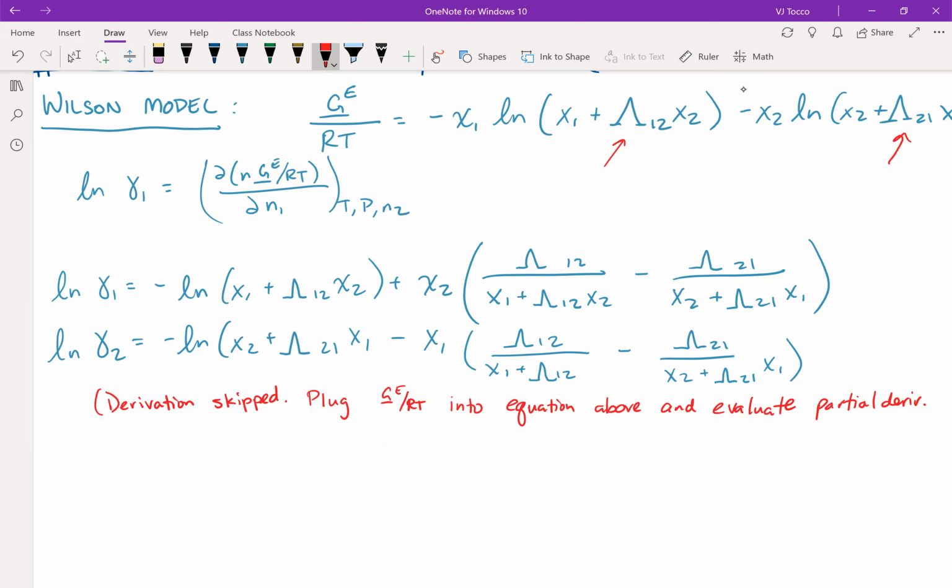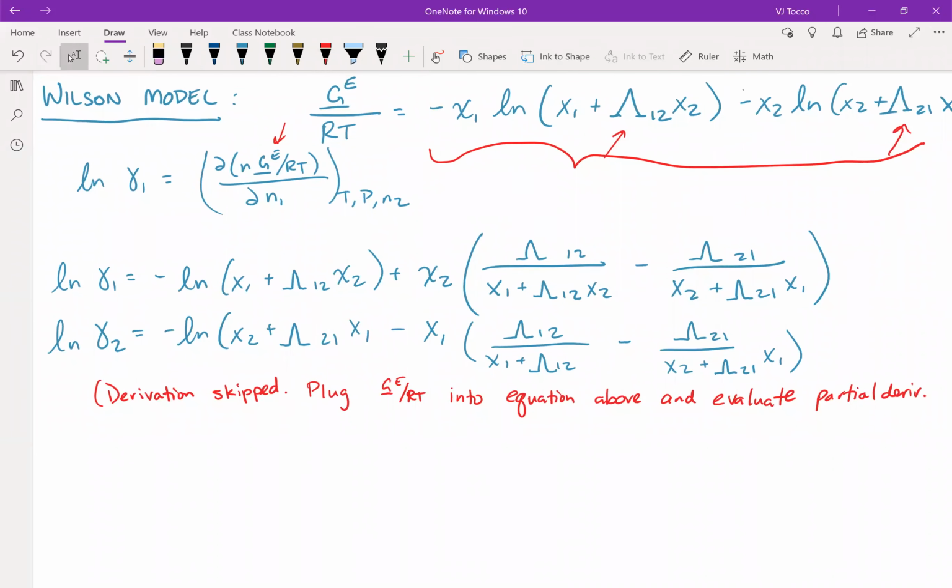The way that you get this is, again, you plug in this expression for GE over RT into the equation for ln of gamma 1, and you evaluate the partial derivative with respect to n1. Same thing for the analogous expression for ln of gamma 2, where you take the partial derivative with respect to n2. Importantly, these are the two equations you would use for your activity coefficients. Now, where the temperature dependence comes in is because these lambdas are actually not static parameters either.